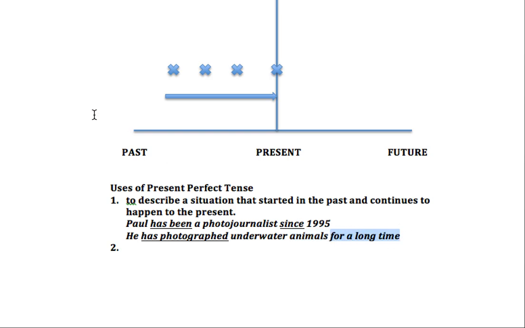Like last week when we talked about simple present tense, we have the words every, frequently, always. If we talk about simple past tense, we have yesterday, last night, last week, or 2 weeks ago. When we talk about present perfect tense, we have since 1995, since small, since childhood, since 5 years ago, or for a long time.